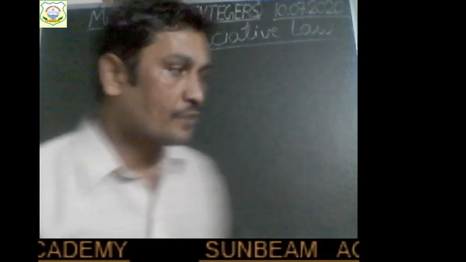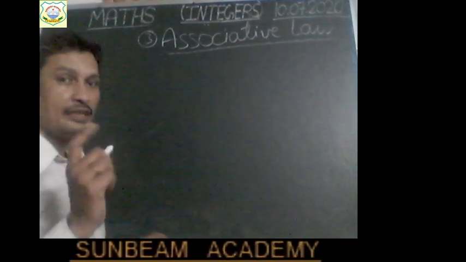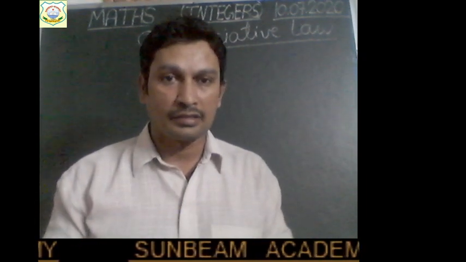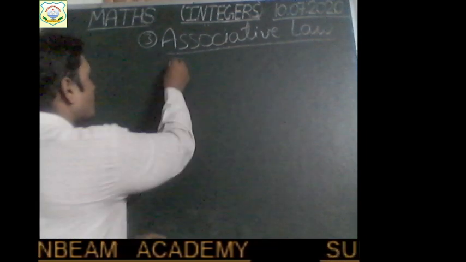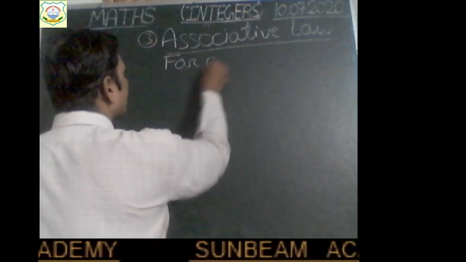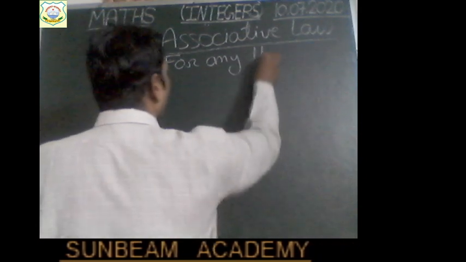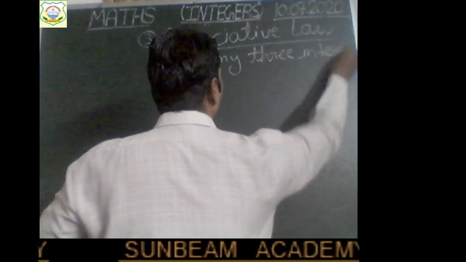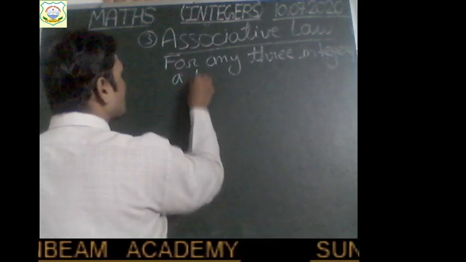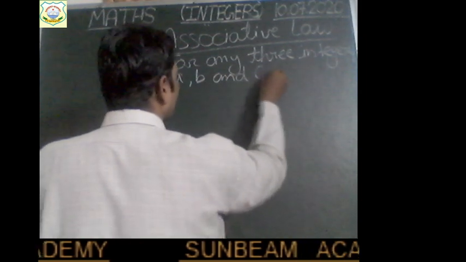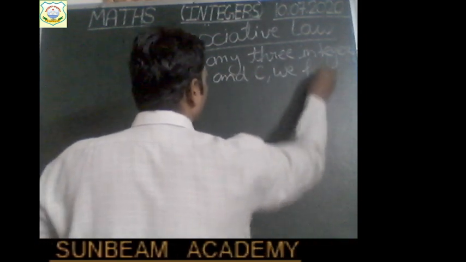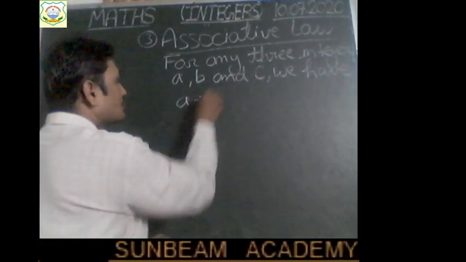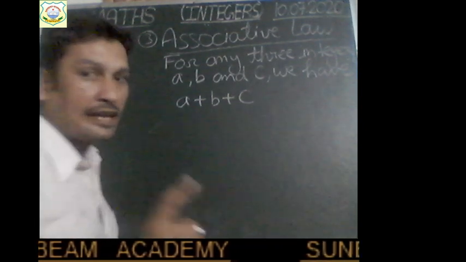So let us see how we will write this. For associative law we will use at least three integers. So for any three integers a, b and c, we have a plus b plus c. We are adding these three integers.